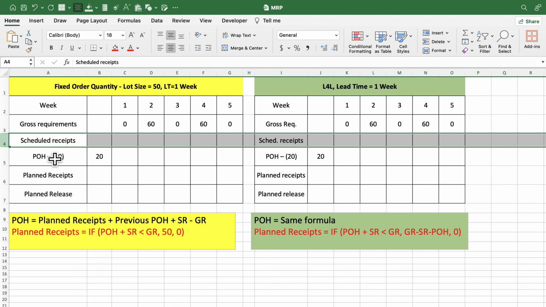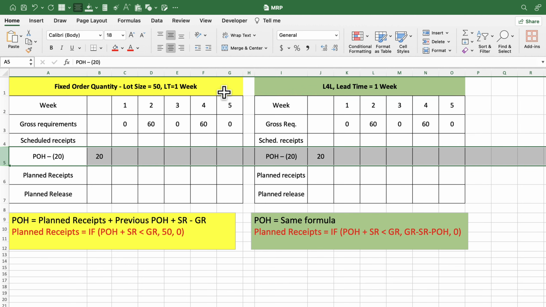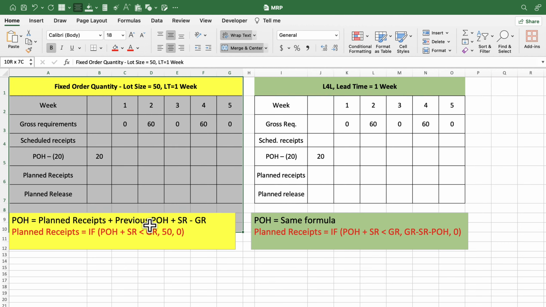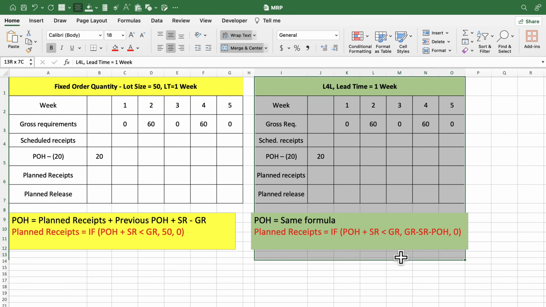And our starting inventory is 20 units, and we will be doing this calculation using fixed order quantity, whereby lot size will be 50 units, and we'll be doing the same thing using lot for lot, whereby order size will vary depending upon the demand for each period, and lead time is 1 week in each case. So basically the only difference is that this is fixed order quantity and this one is lot for lot approach.